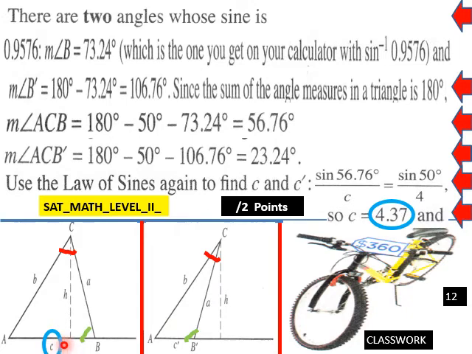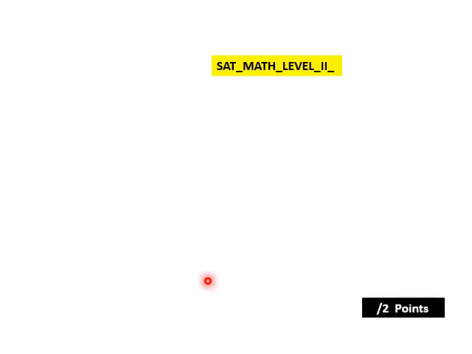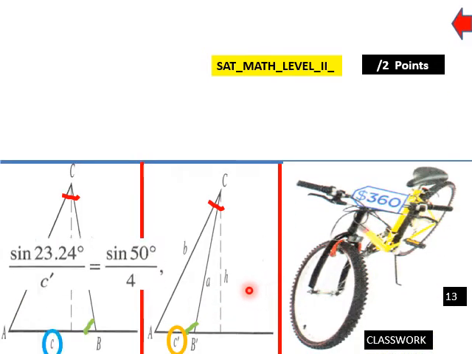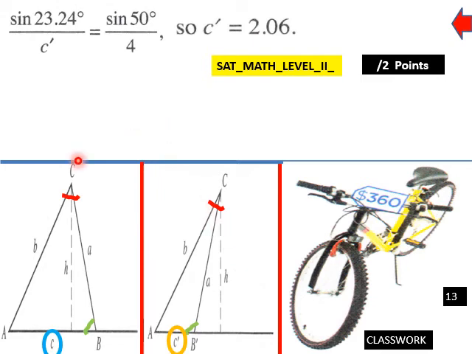Then, solving for the final side C prime, setting up our proportion, sine 23.24 over C prime equals sine 50 over 4, that will give us 2.06 for the length of C prime.